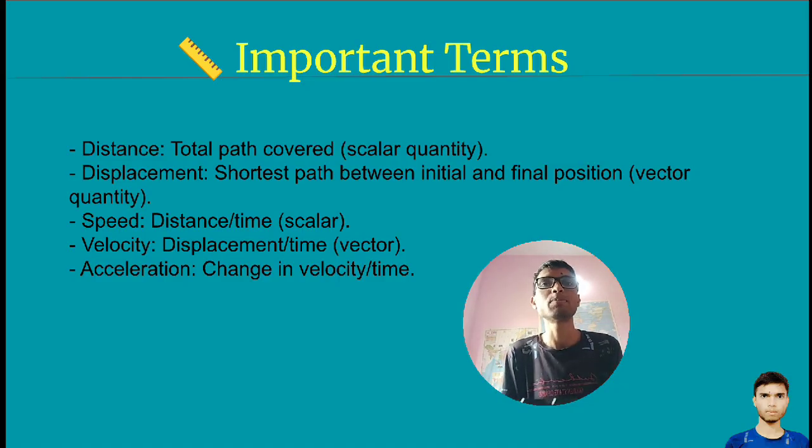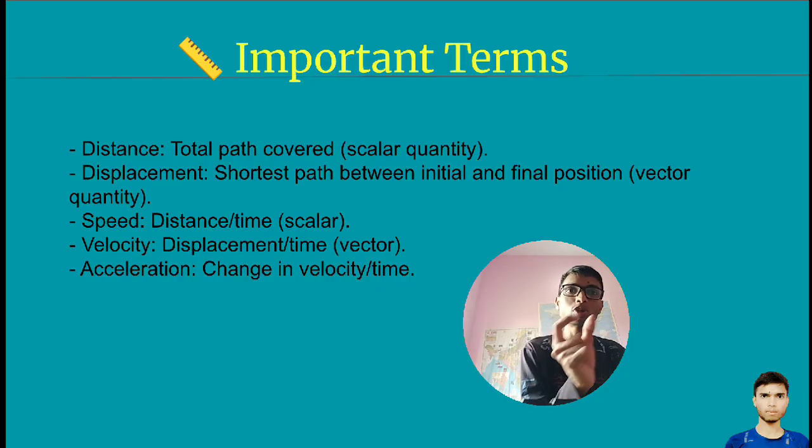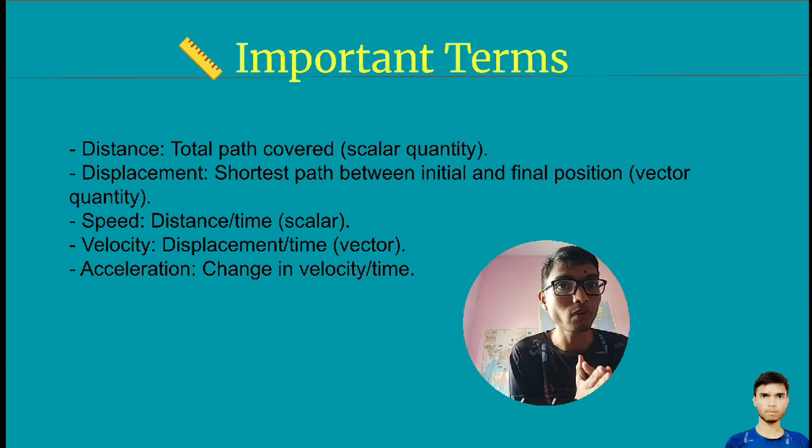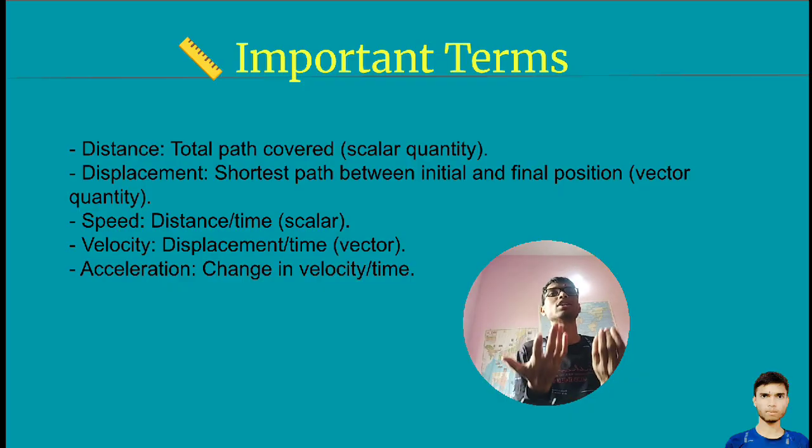This is the difference between speed and velocity. Speed does not have direction. Velocity has direction with magnitude. Velocity will tell you the speed of your vehicle and in which direction.